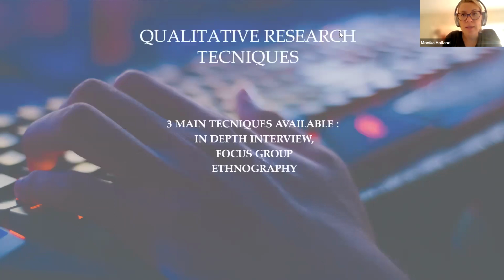We have to understand more in-depth information, not just how many or how much, but also how. For example, what is the motivation to buy one product or the other? So more on the behavior part that we're trying to understand.